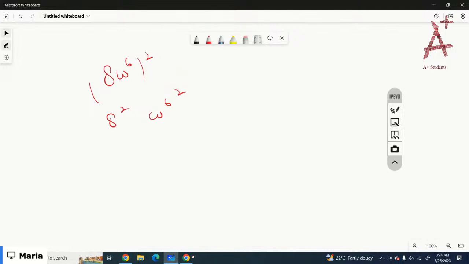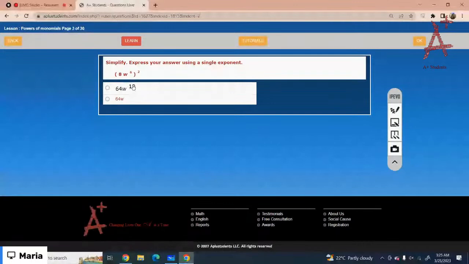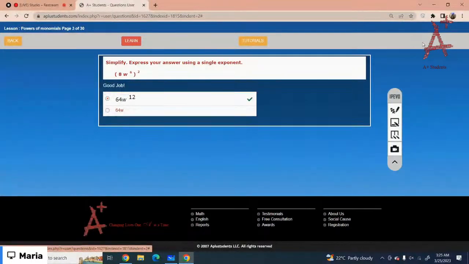Got it? 8 exponent 2 means 8 times 8, and 8 times 8 is 64. And 2 times 6 you have to do 12. So it would be 64w to the 12. Got it? So the correct option is 64w to the 12.